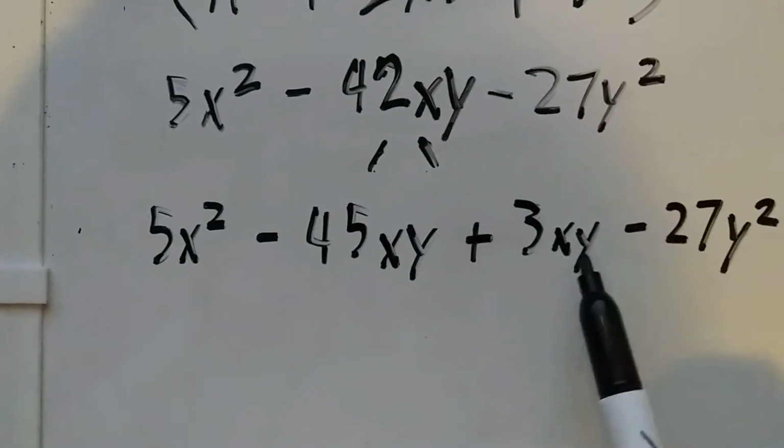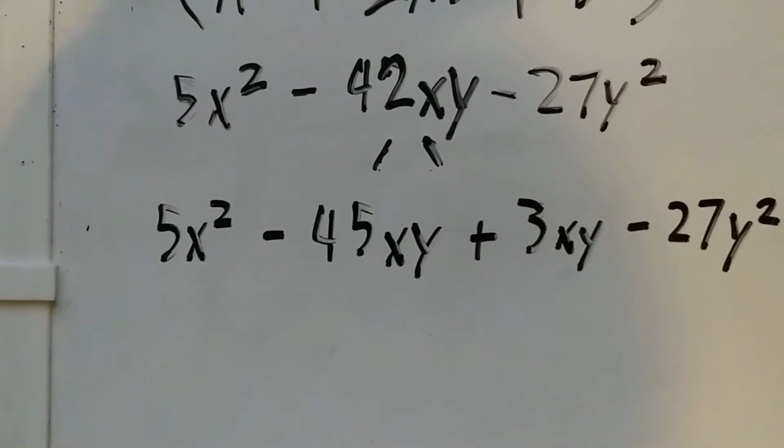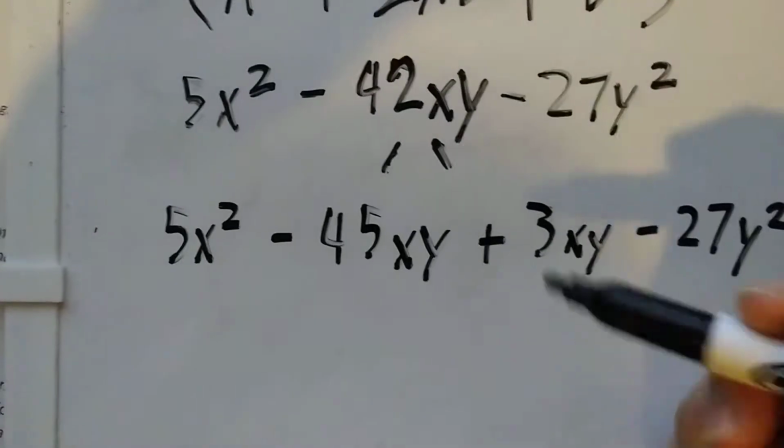And when you add those two numbers together, you get negative 42, which is your middle term.